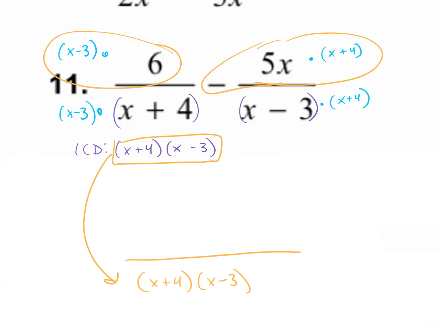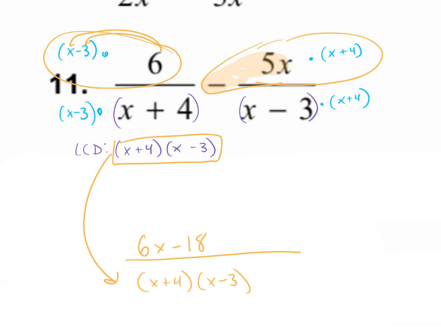So what would I do to multiply 6 times x minus 3? Distribute. We have to distribute the 6 to both terms there. So it'd be 6x minus what? Minus 18. Awesome, because that 6 got distributed to both. Now for the second one, we have to be careful because we have that minus there.